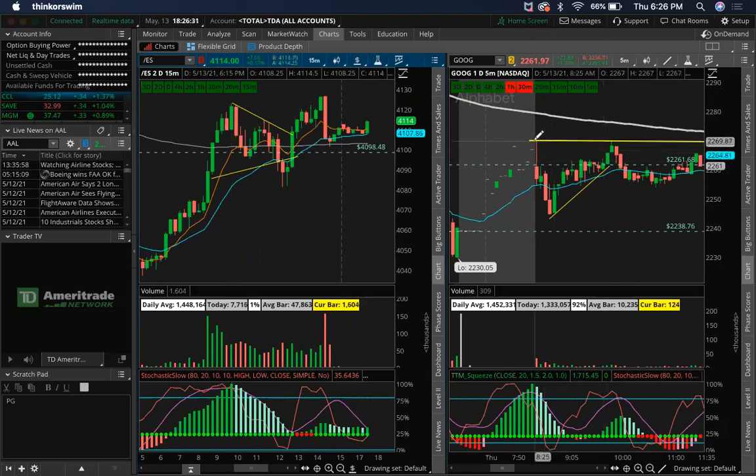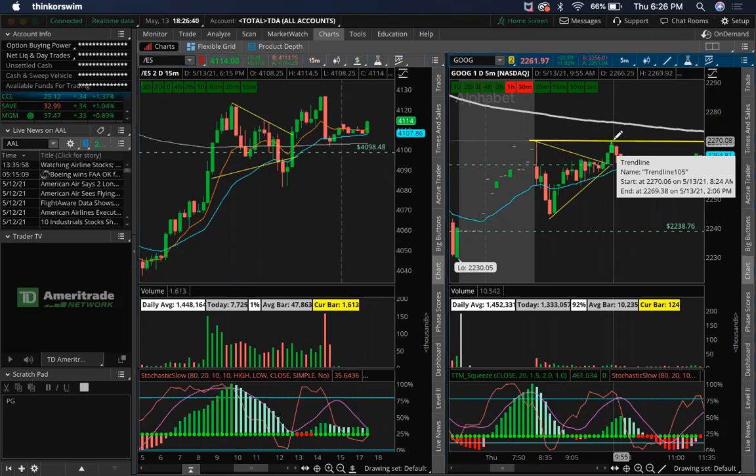This is normally when I would enter into my position, because Google broke this triangle right here. I mean, granted, I could have scalped it and caught this $8 move maybe, but every time I'm hopping into Google, I want more than an $8 move, because Google can give me $20 on any given day.